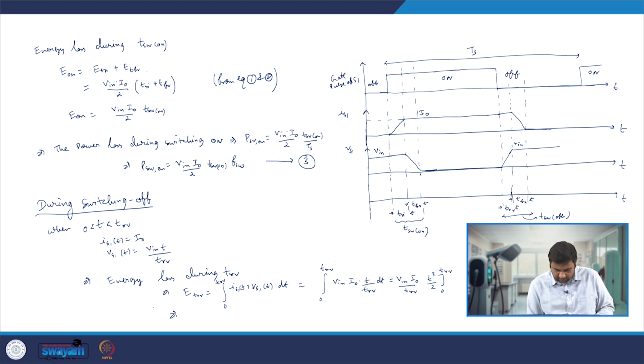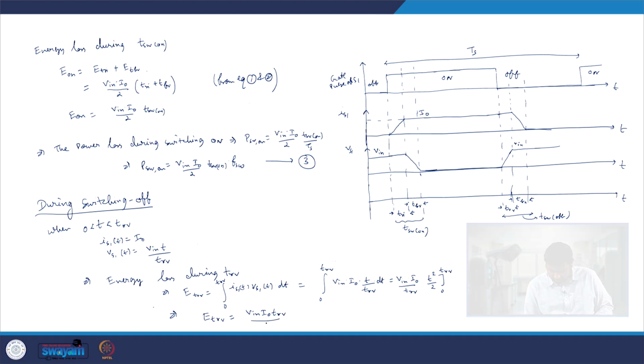Finally we get E_TRV equal to V_in I naught TRV by 2.